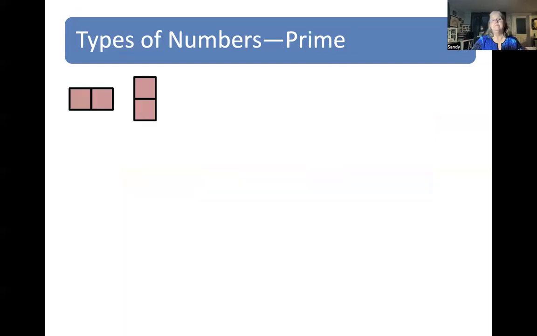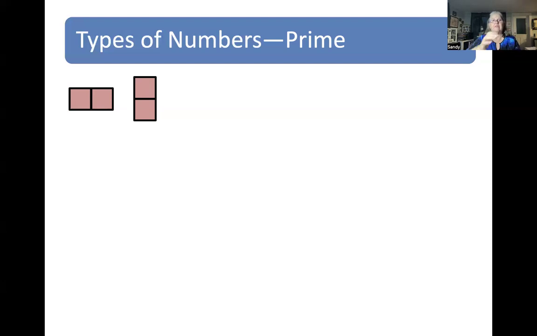Now, prime, if it's not prime, it's composite, or maybe neither, right? But if you look at prime numbers, an activity that I often do with children to help them see the geometric look of prime numbers is I have them draw all the rectangles they could make with 2 squares, 3 squares, 4 squares, 5, 6, 7, up to about 12.